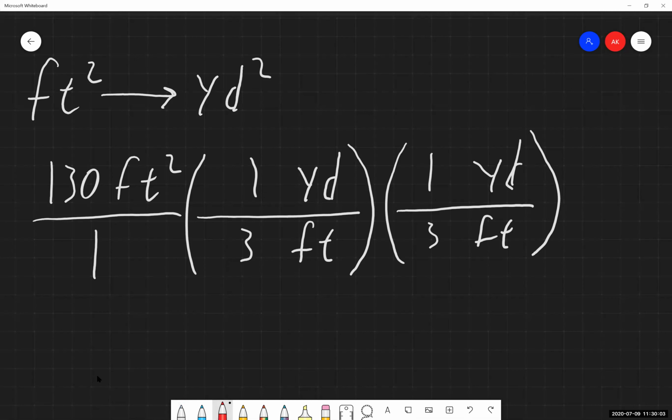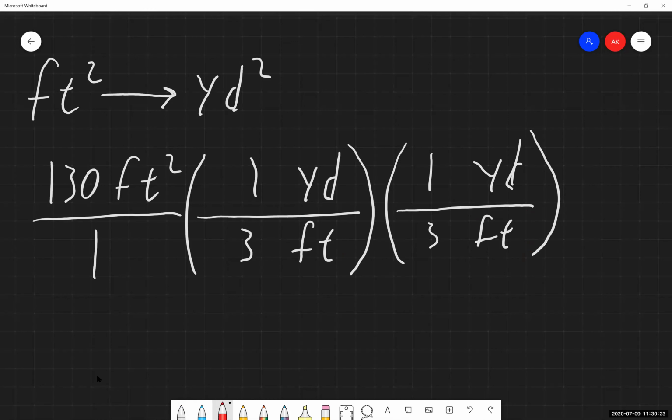Up top we have square feet, which is the same as the unit feet times the unit feet. And down below we have the unit feet times the unit feet, and they will cancel out. So either method you would like to use is perfectly acceptable.